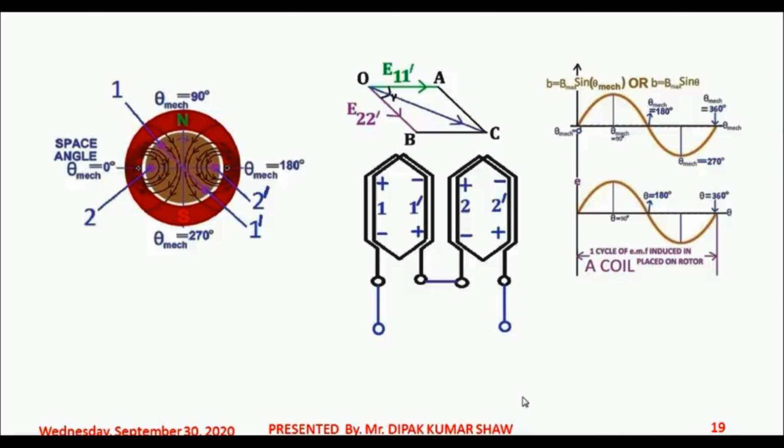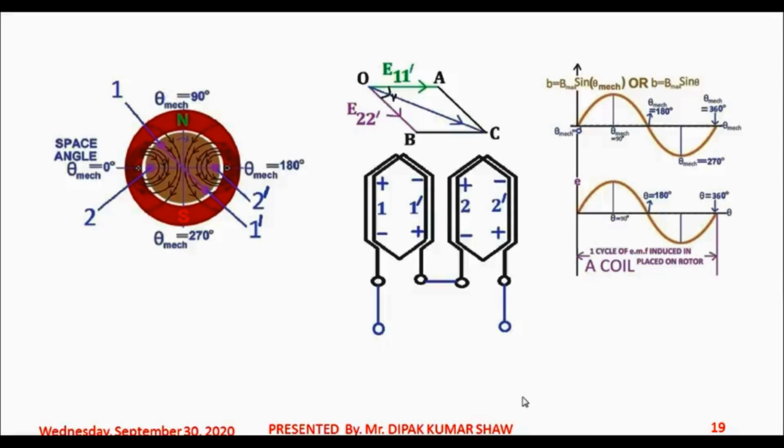These two coils are connected in series. Further, you will note that these two coils are multi-turn coils. Although I have indicated two turns in the diagram, in general, you can take this coil to be having n number of turns.